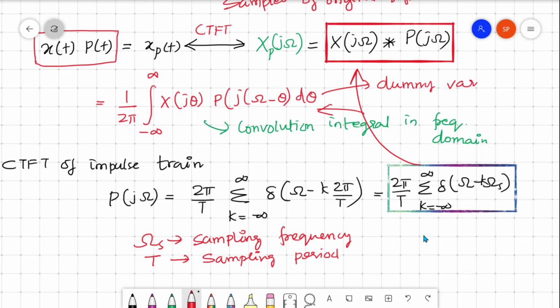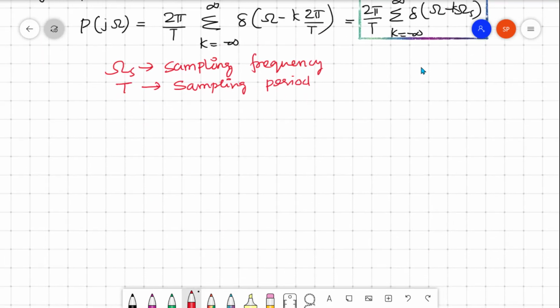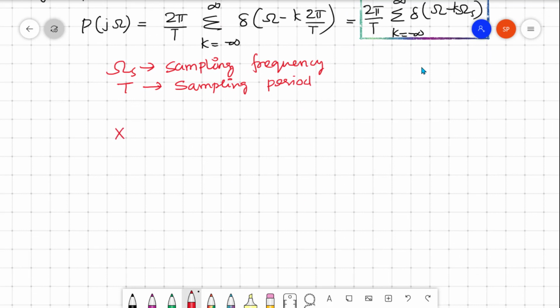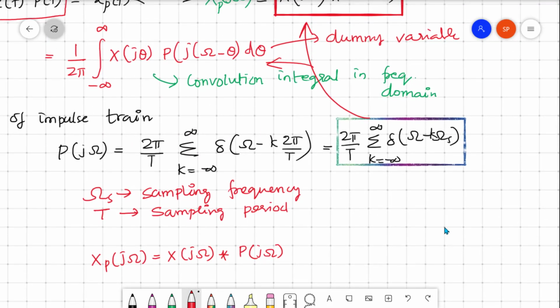So if we substitute this result into this equation, we will get xp of j omega is equal to x of j omega convolution p of j omega, which is equal to 1 by 2 pi. Where is the 1 by 2 pi? You can see that the 1 by 2 pi is present in this equation, so we have to write the 1 by 2 pi from that equation.